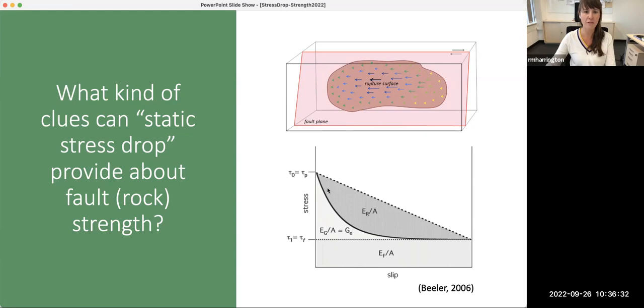That is the difference between the initial stress and the final stress after the earthquake has happened. We want to disentangle those effects and figure out what that's telling us about what's going on on the fault and the strength of rocks.